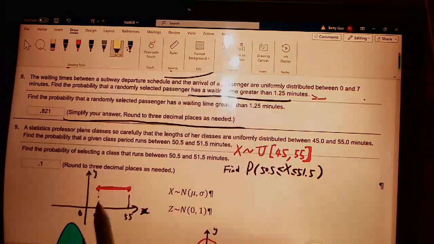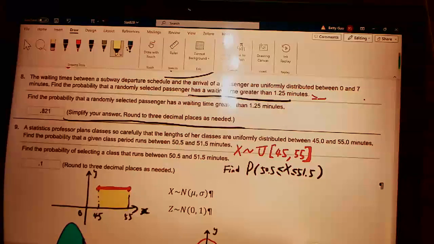You are looking at a yellow rectangle, right? What's the base, or the length, of the yellow rectangle? 10? Yeah, exactly. And what's the height of the rectangle supposed to be? Yeah, 1 over 10. Exactly.